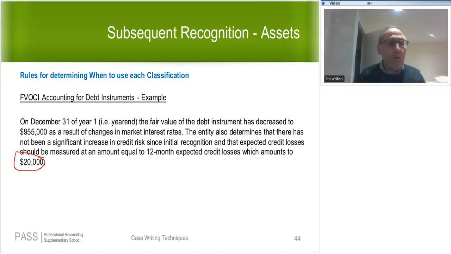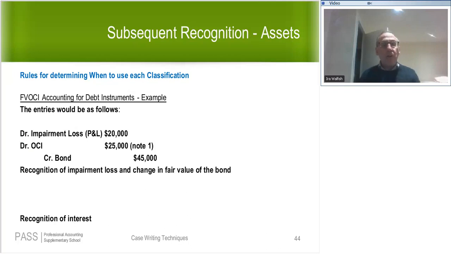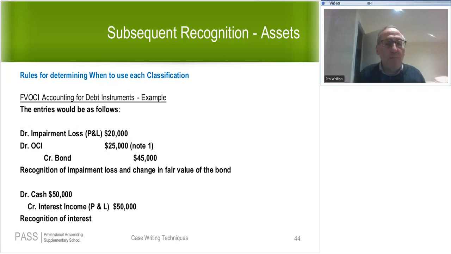I would reduce the value of the bond from $1 million to $955,000 by crediting the bond $45,000. Because when we use the FVOCI category, we value the asset at fair value at each balance sheet date. Now, the impairment loss goes to the income statement. The impairment loss was $20,000.